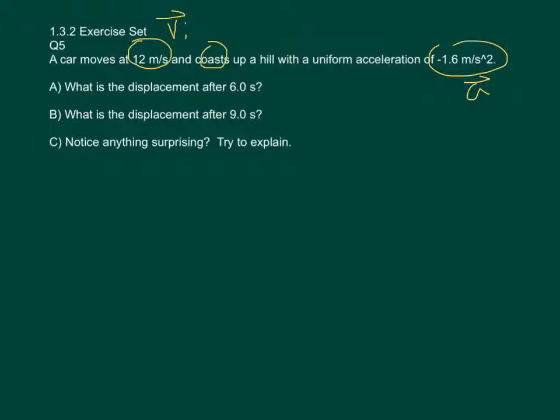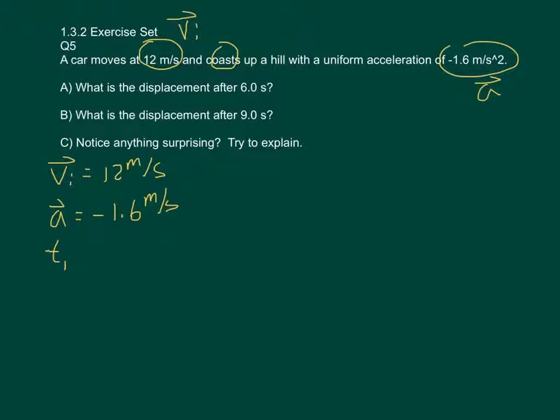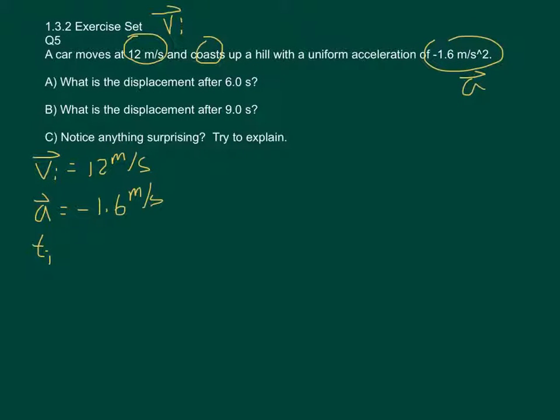So we've got a VI, 12 meters per second. We have an acceleration, negative 1.6 meters per second squared. We have a T1, which is equal to 6 seconds, 6.0 to be precise.